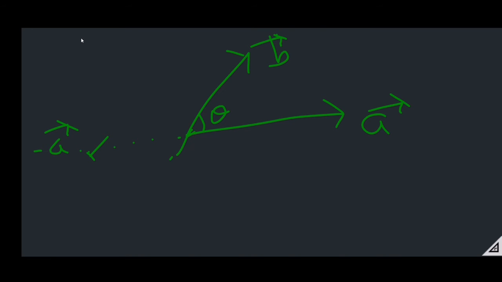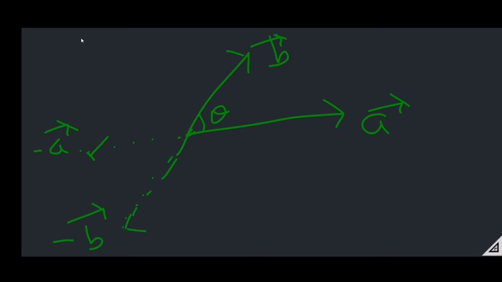See here, why is it 180 degrees? Suppose here we have a vector in this direction and b vector in this direction. Then the angle between a vector and b vector is theta. Now exactly opposite of a vector we can draw minus a vector, and in the opposite of b vector we can draw minus b vector.